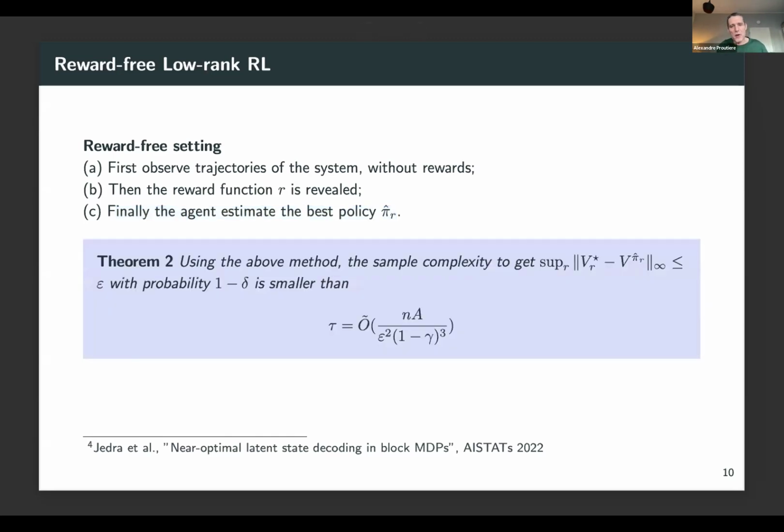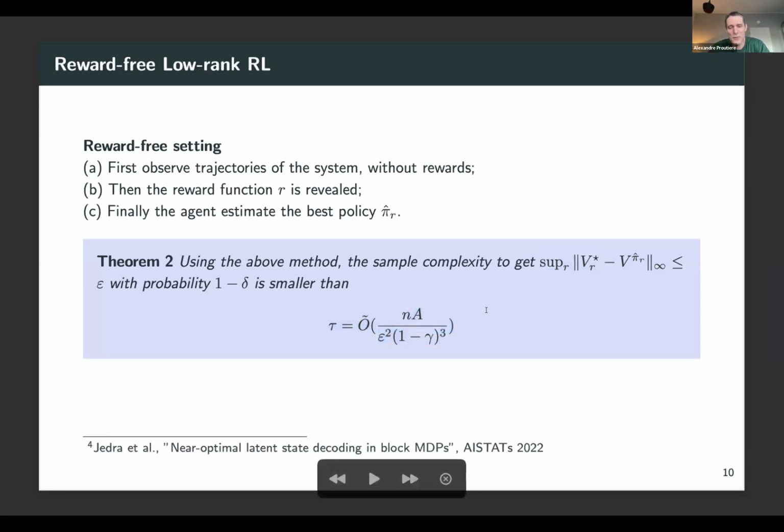So when you apply the above methods of model-based, meaning estimating the transition matrices and using the value difference lemma, we can show that the sample complexity to get an estimation error for the value function over all possible reward functions smaller than epsilon scales as NA over epsilon square (1 minus gamma) cube.